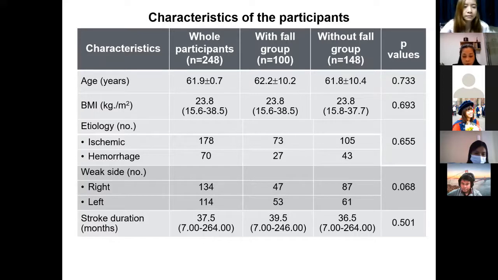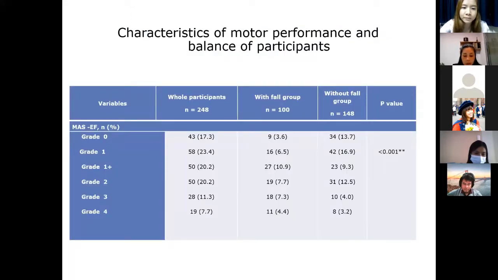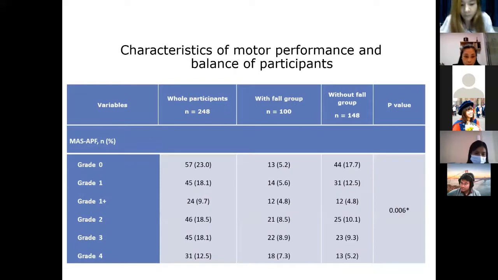248 individuals with chronic stroke volunteered to participate in the study. For the group comparison, the demographic data of both groups look very similar. The present study found a significant difference in muscle tone of the elbow between faller and non-faller, and also in muscle tone of the plantar flexor.